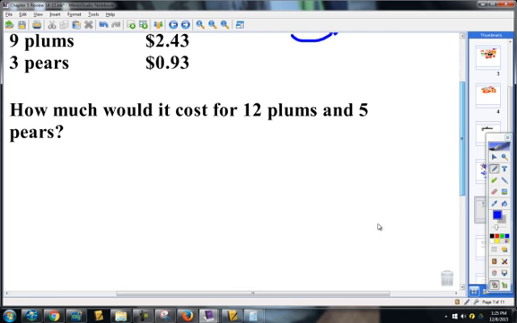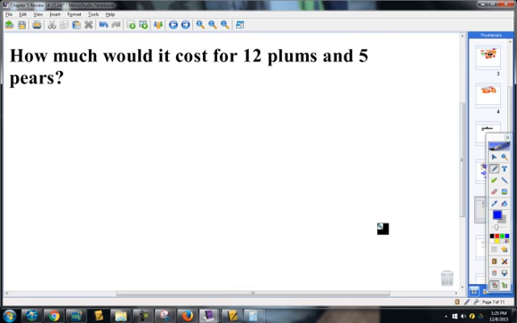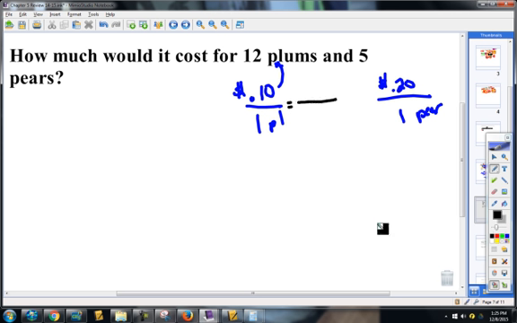Okay? Then when you get down to this one, I'll just make up numbers here on this one just to review it real quick. Let's say that it was 10 cents per plum, and you knew it was 20 cents per pear. If I'm buying 12 plums and I know that the unit price is 10 cents per plum, then I'm just going to do a proportion and say, okay, well then how much would 12 plums cost?